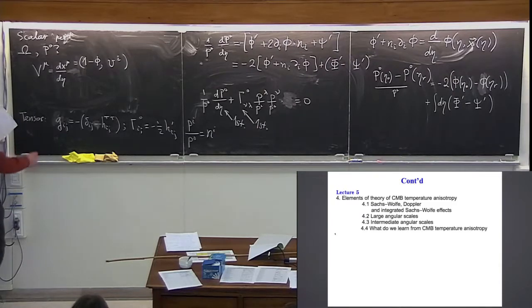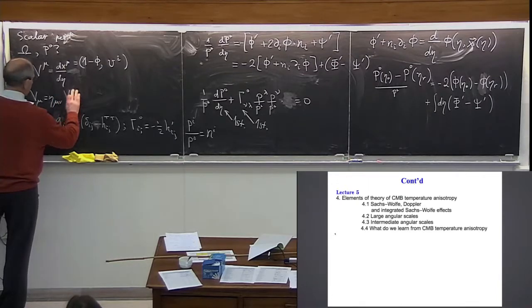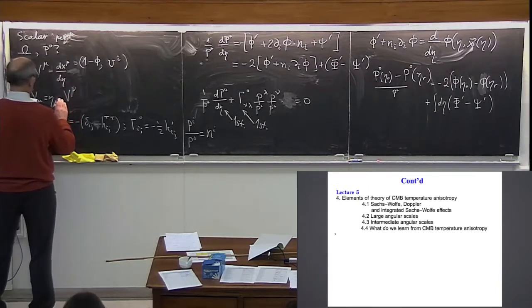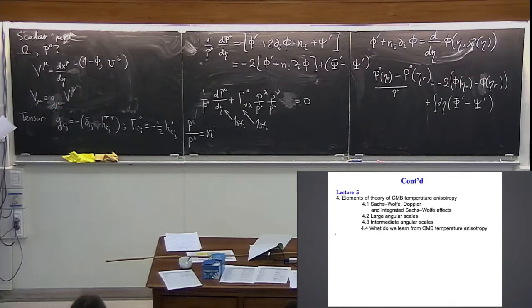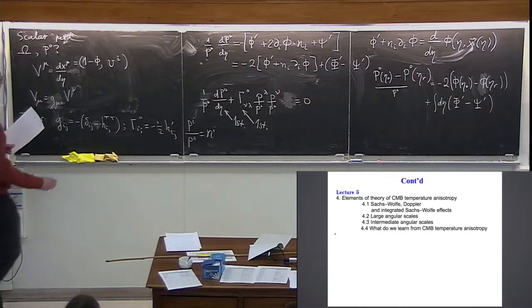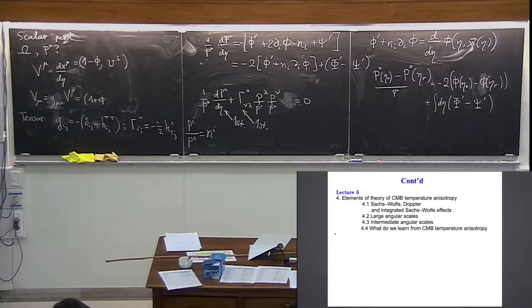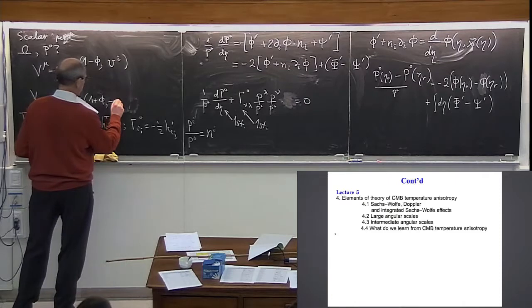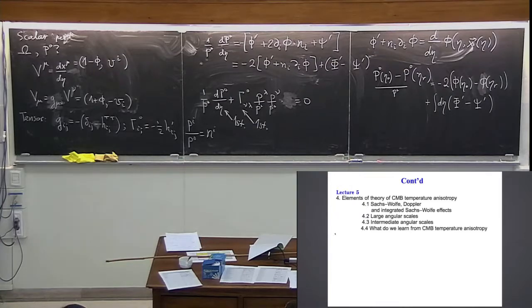Okay, I need also v mu, which is g mu nu v nu. And this will give me 1 plus phi, since g 00 is 1 plus 2 phi, and minus v i. Minus because here I don't distinguish between upper and lower Latin index, and g ij is minus delta ij. Okay, so that's my velocity.